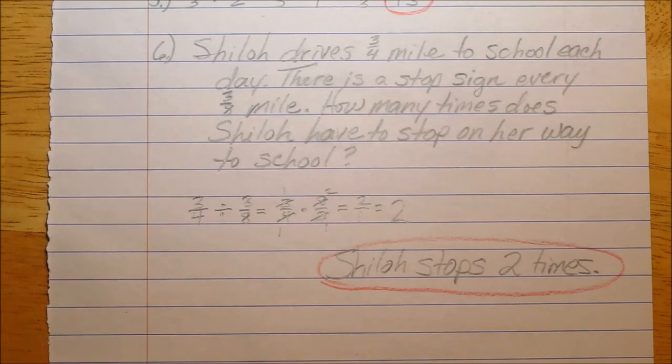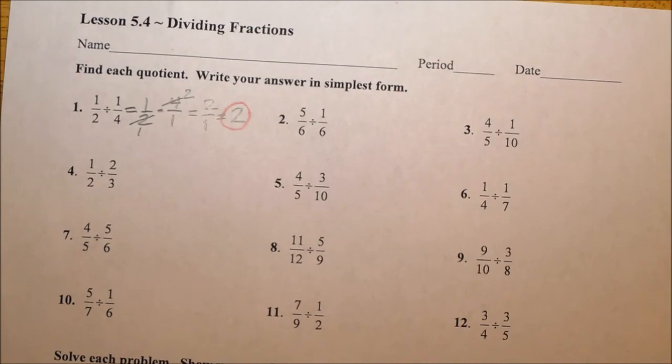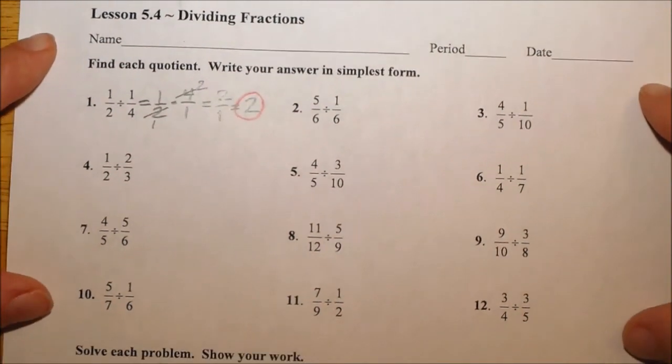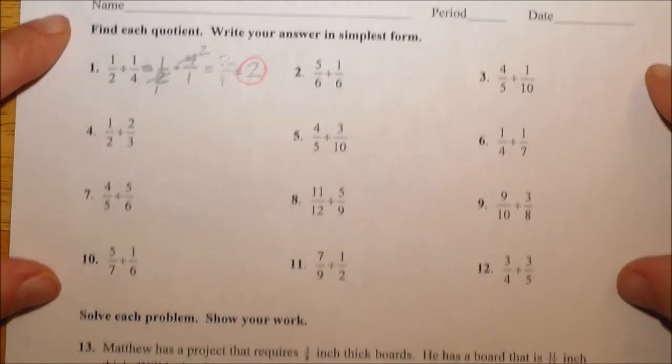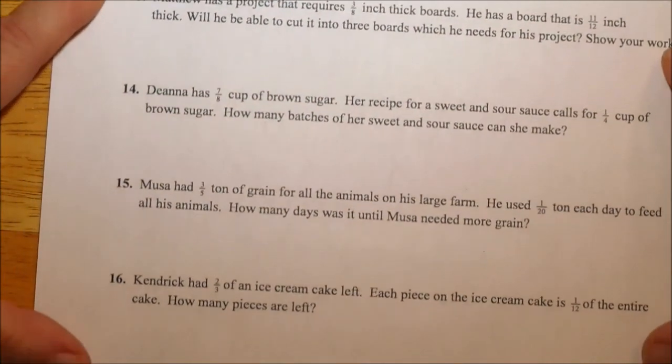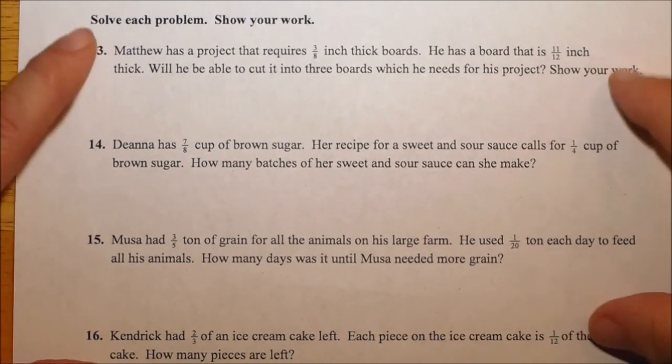So those are your practice problems for lesson 5.4. Let's take a look at what your worksheet will look like. One thing I want you to keep in mind is how you must show your work. The top portion of your worksheet is a mix of dividing fraction problems. And at the bottom are 4 different word problems to figure out.